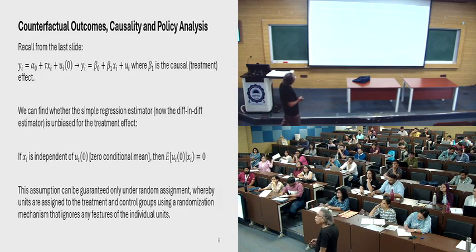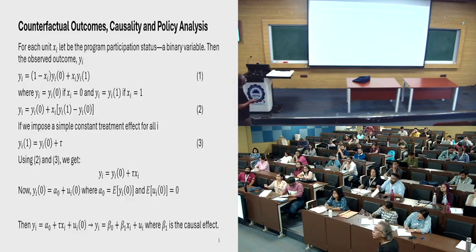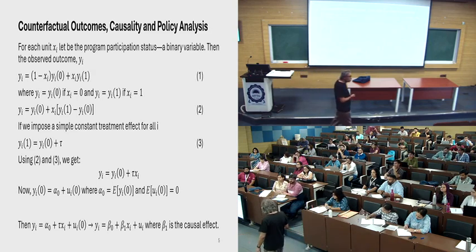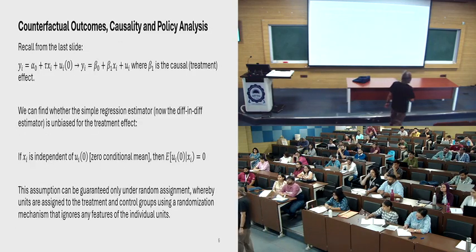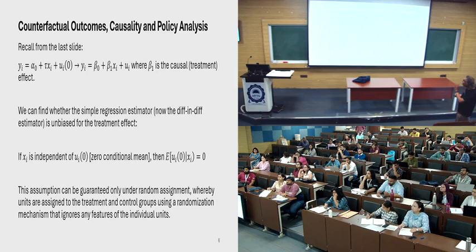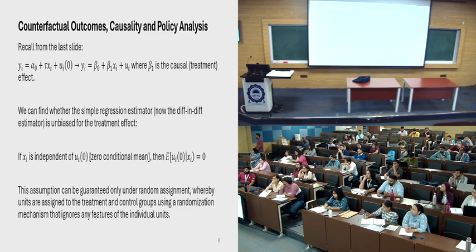So where are we? Recall, yi is equal to beta 0 plus beta 1 xi plus ui. I started from there, where beta 1 is the causal or the treatment effect. Now what we want to find out is whether the simple regression estimator, the difference in difference estimator, is unbiased for the treatment effect or not.